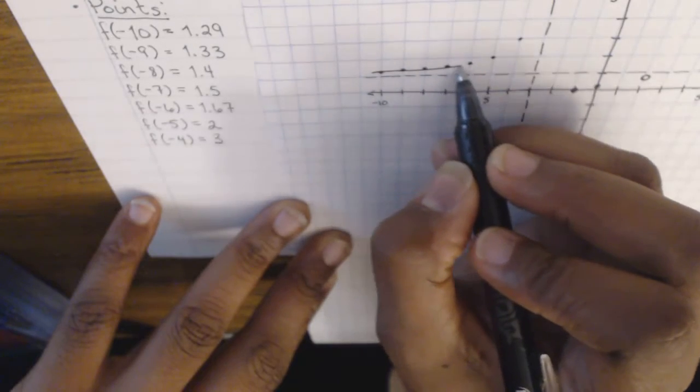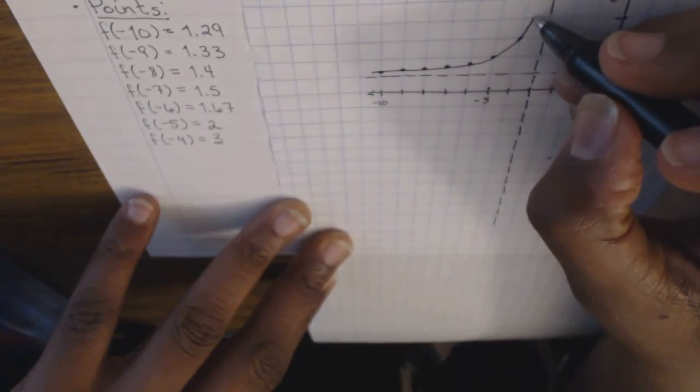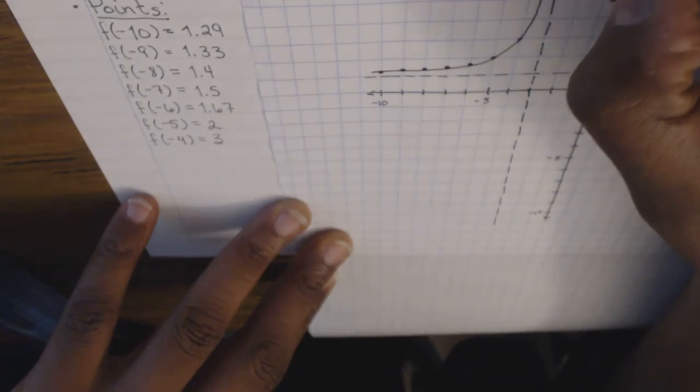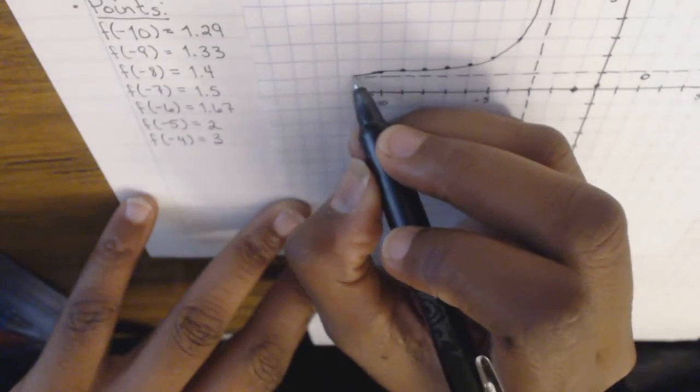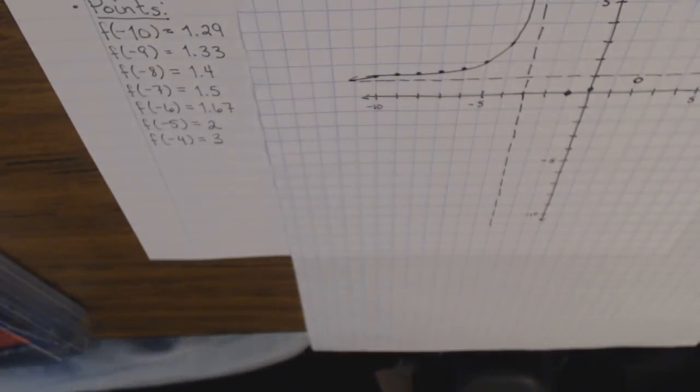I think we can kind of see that my graph is going to shoot off to infinity at my vertical asymptote. And that's going to do something like that. That's just this part of the graph there. That's what it looks like.